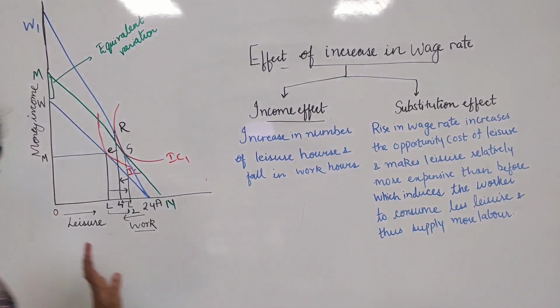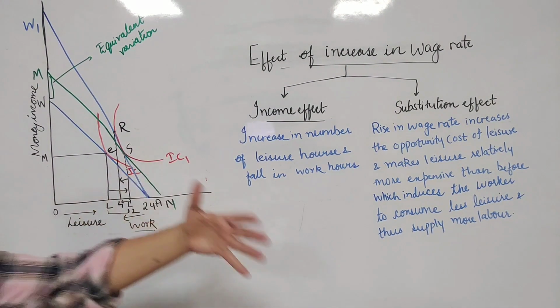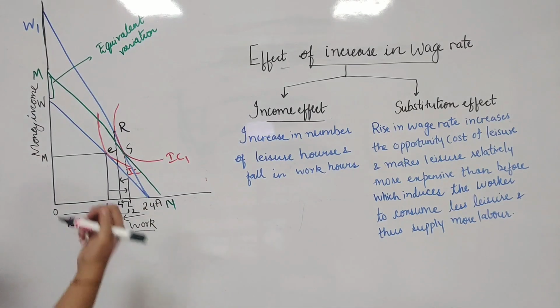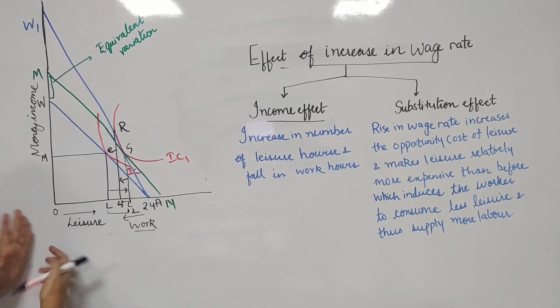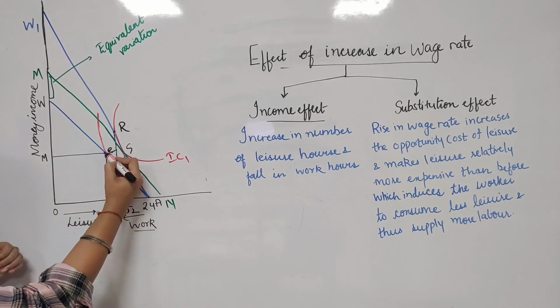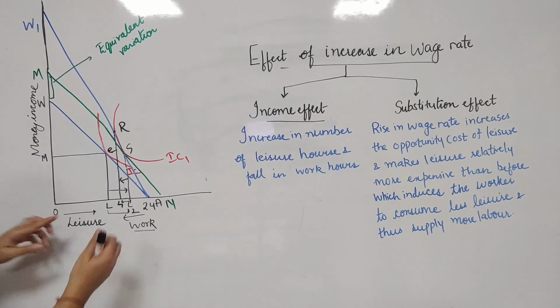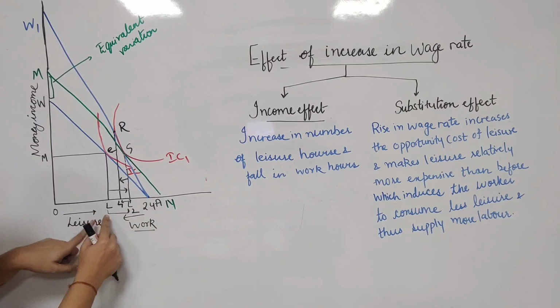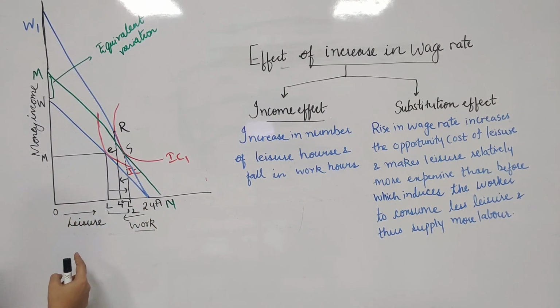In this particular case, the income effect is stronger than the substitution effect, and as a result there is an overall increase in leisure hours from our initial position. At point E, the individual was working for AL hours and enjoying OL leisure hours.